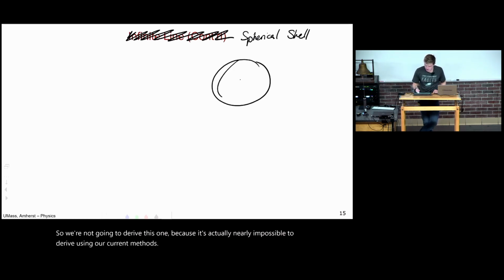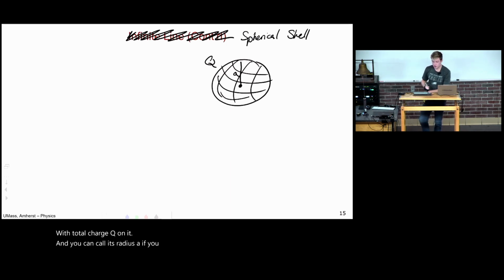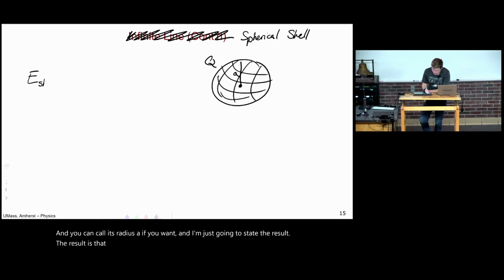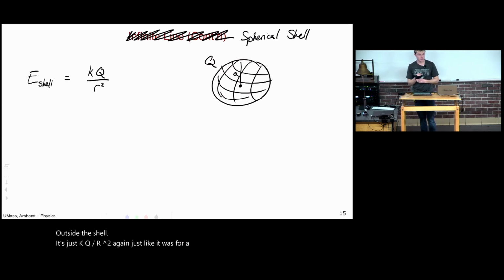This concerns a hollow shell of charge with total charge q on it, and you can call its radius a if you want. I'm just going to state the result. The result is that the electric field outside the shell is just kq over r squared again, just like it was for a point charge.